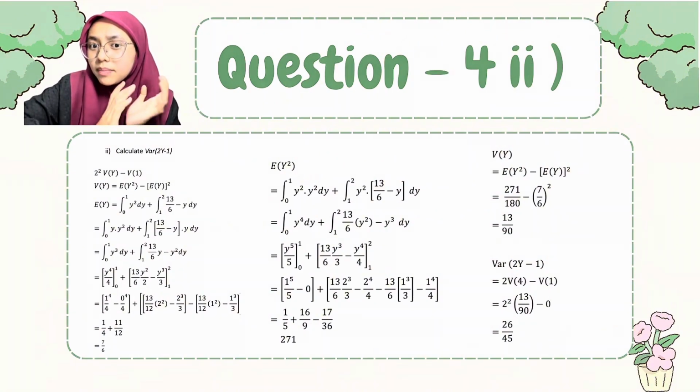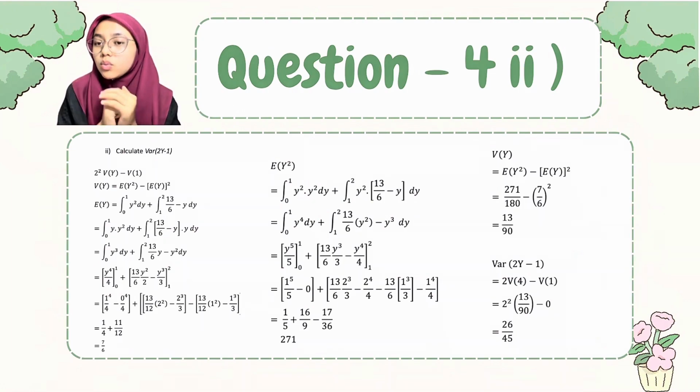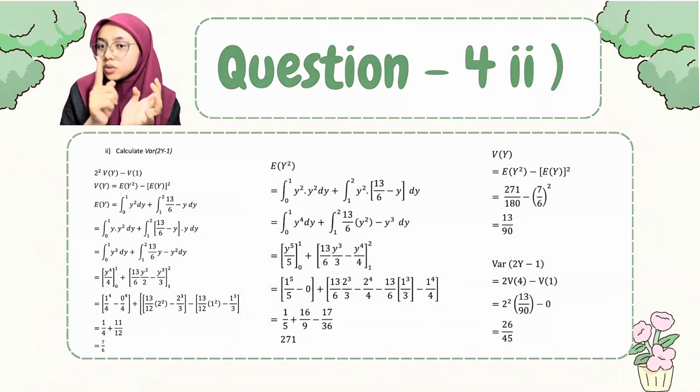Okay, now we have to make it fast. We have to find E(y²). E(y²) equal to integrate 0 to 1 y² times y² dy plus integrate 1 to 2 y² times (13/6 minus y) dy.